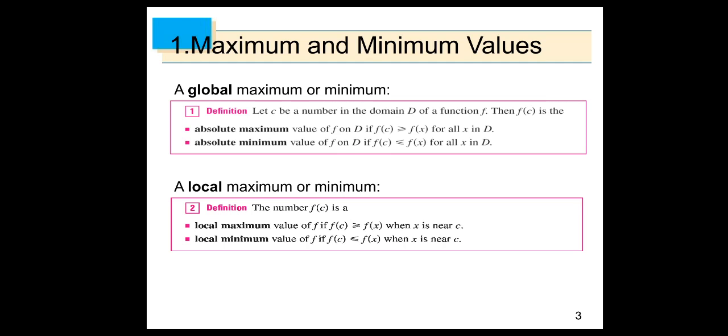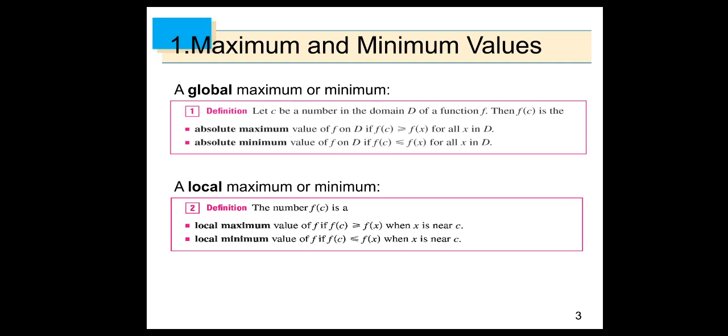Then f of c is the absolute maximum value of the function when f of c is greater than or equal to f of x for all x values in our domain. Understand? Similarly, f of c would be the absolute minimum value if f of c is less than or equal to f of x for all x values in our domain, right?